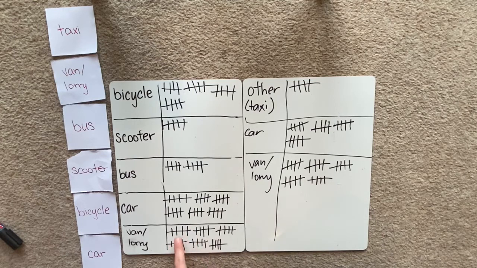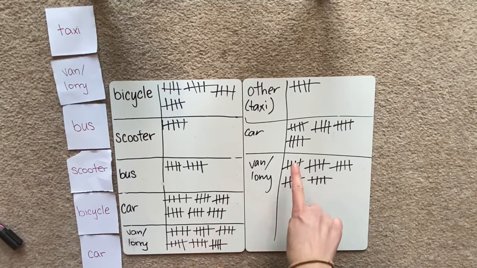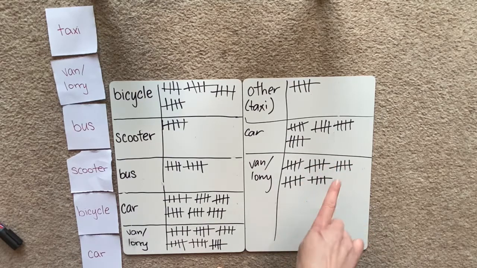I saw 5, 10, 15, 20, 25, 30, 35, 40, 45, 50, 55. In 10 minutes, I saw 55 vans or lorries drive by on the main road. Now, I don't know about you, I don't really want to draw 55 circles. Our piece of paper would probably have to be super, super big.